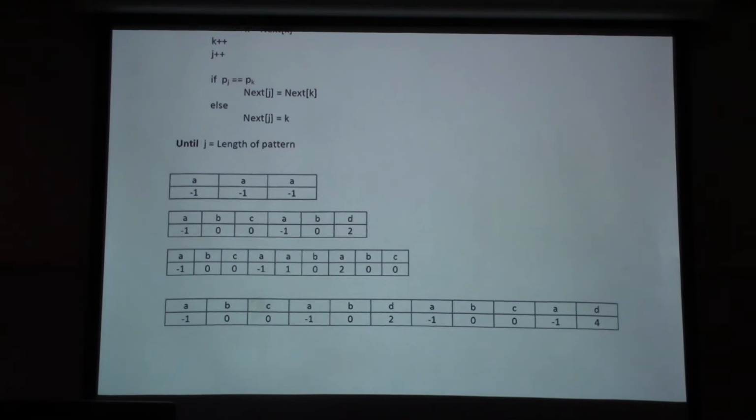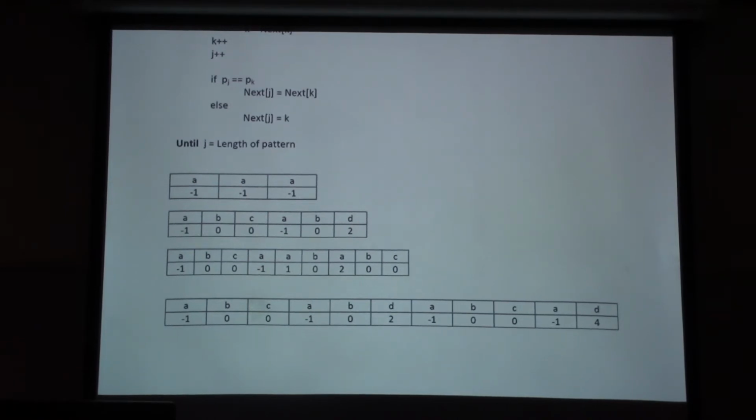If the value in the next table is non-negative, then the index of the pattern goes to that non-negative value. And the index of the text stays at its current value where it mismatched. So that means if I am comparing, so this is index 0, 1, 2, 3, 4, 5. 5 means I mismatched on the 6th character of the string.